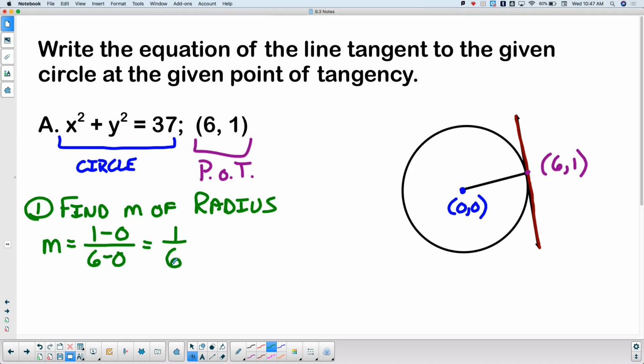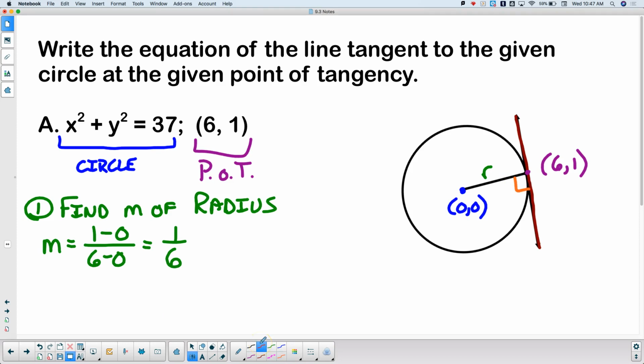Okay, we're all the way back to you now again. Okay, so we have the slope of the radius now, right? That's this one right there. Okay, how am I going to find the slope of maroon then? Opposite reciprocal it, because those two are perpendicular, right?